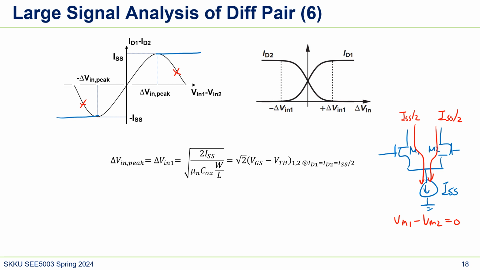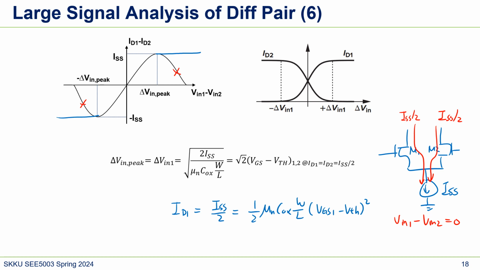If that's the case, ID1 is ISS over 2, which is 1 over 2 mu n Cox W over L times VGS1 minus VTH squared.